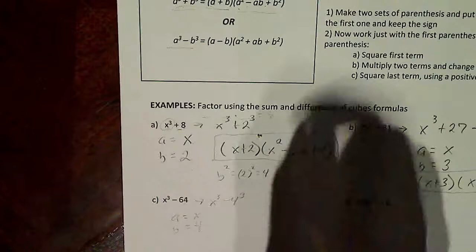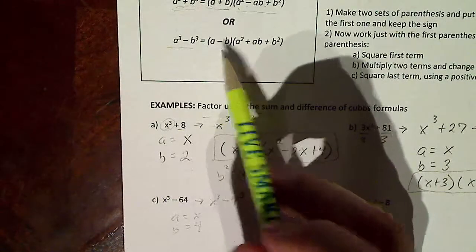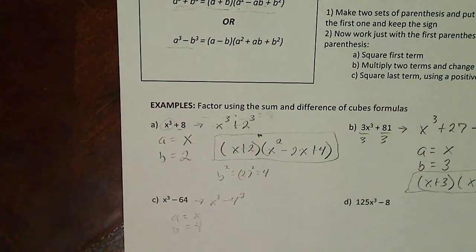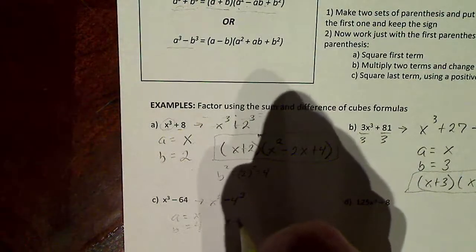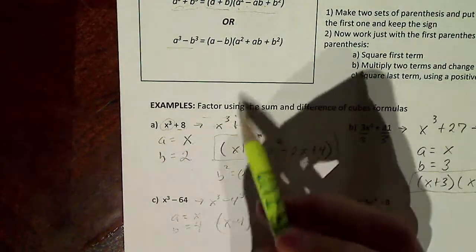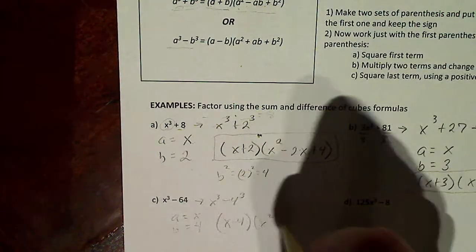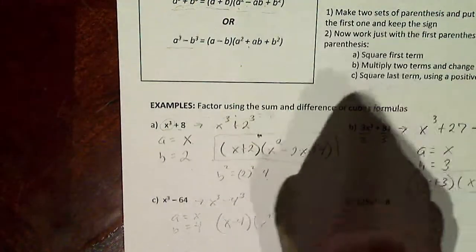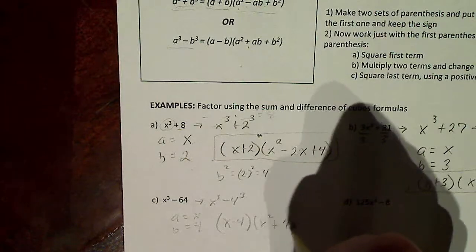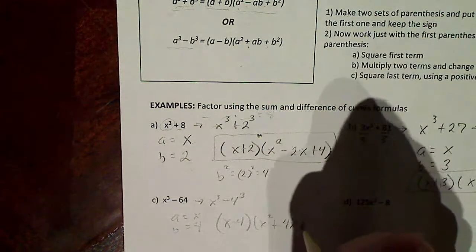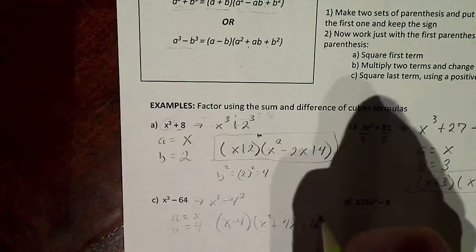It's a subtraction, which is this one here, so a difference of cubes. We have a minus b, so x minus 4. Then a squared, so x squared, plus ab plus b squared. Well, b squared is going to be 16.